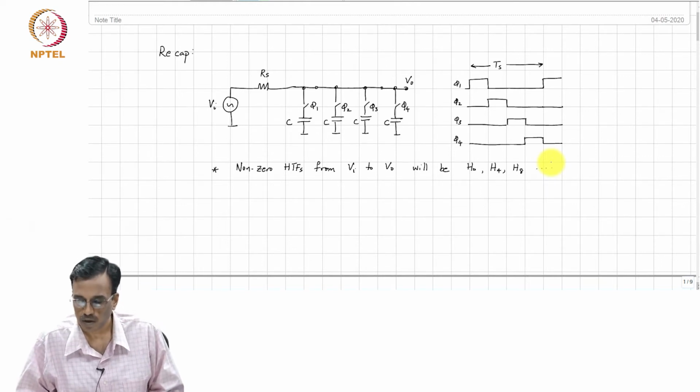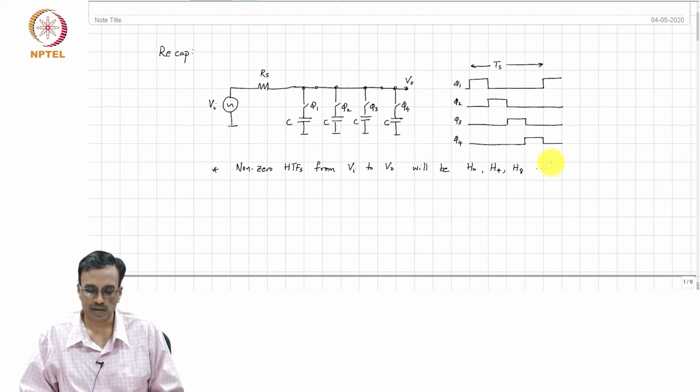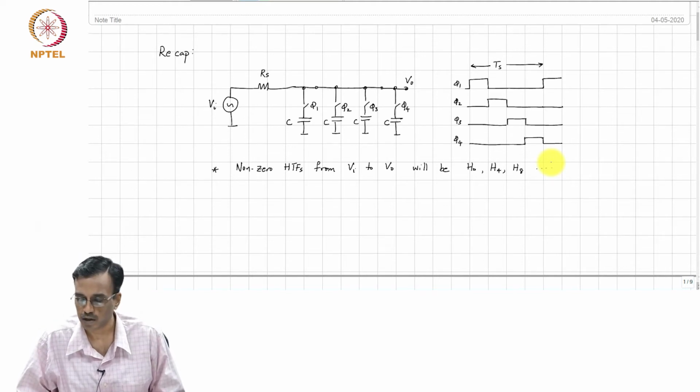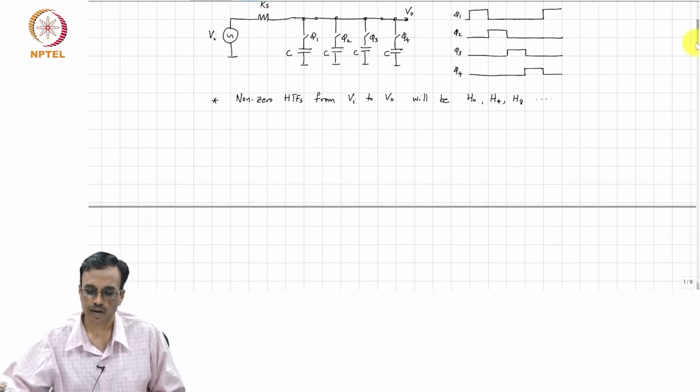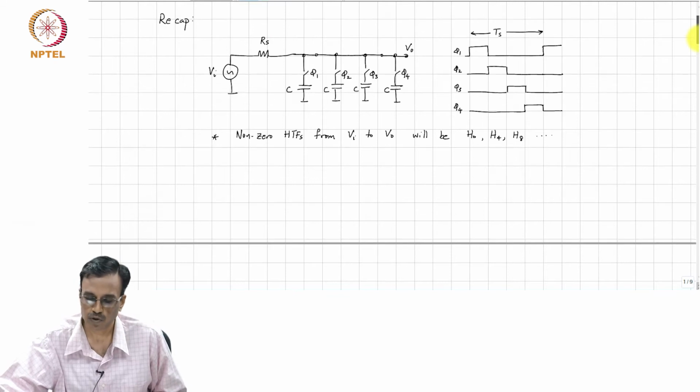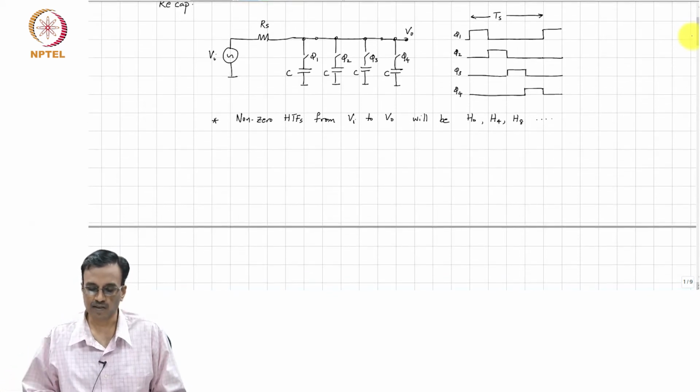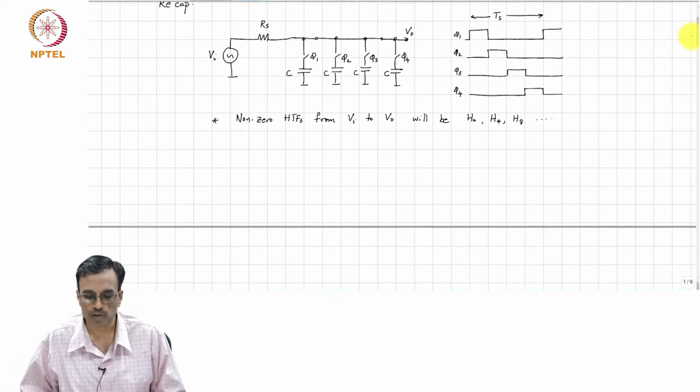And it turns out, as we saw the last time around again, just intuitively, that this behaves like a band pass filter, and the response of the band pass filter has a peak at multiples of F_s, right.